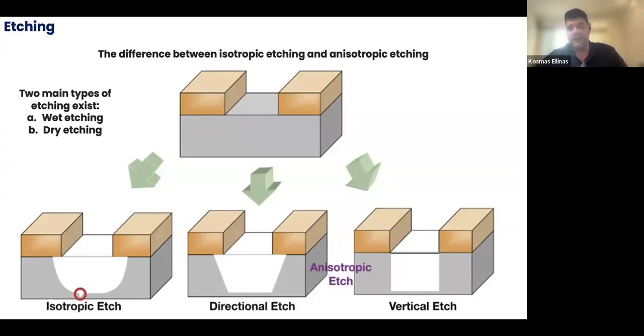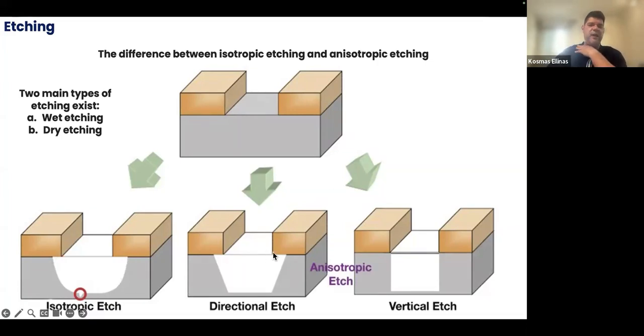Starting with etching, we can see that two main types of etching exist. It is the wet etching and the dry etching. Using these types, we can either have isotropic etching, in which the vertical dimension is equivalent to the lateral dimension of etching, and that's why you have this kind of shape form.